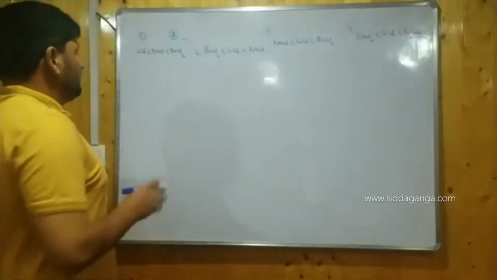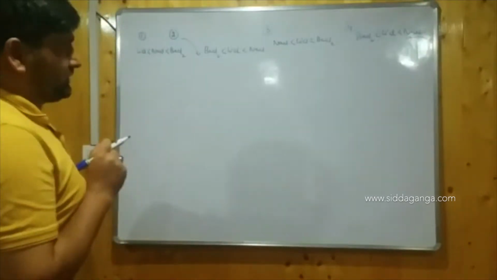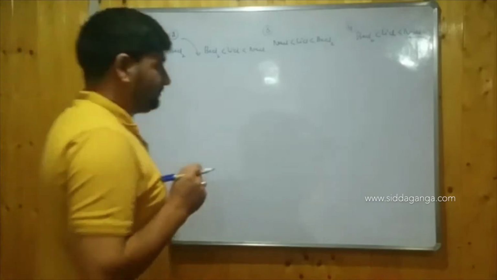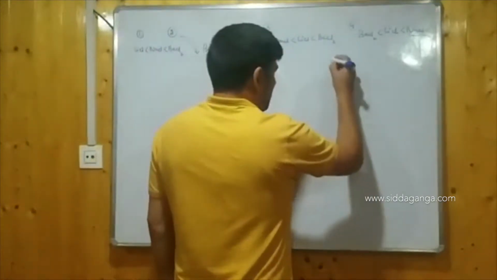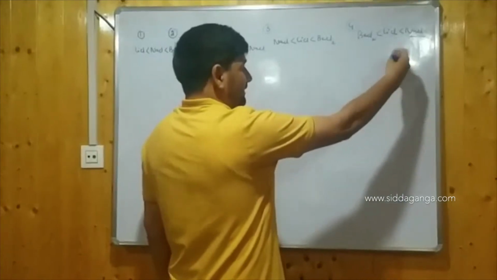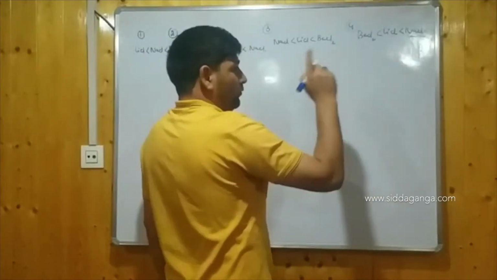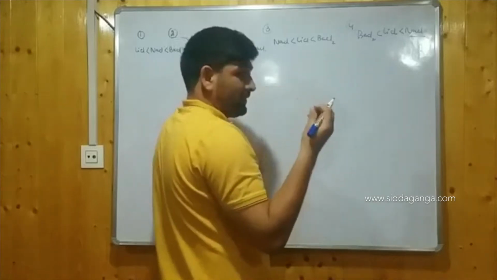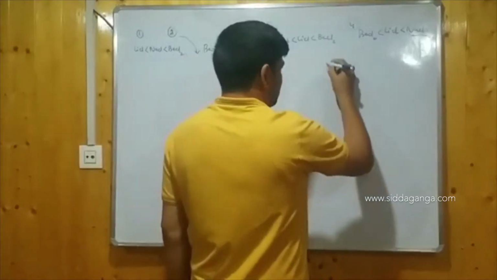Now what exactly is this question asking? It is covalent character. We have already learned that when an ionic bond is made, in the ionic bond there is some covalent character. What are the conditions we read for that?